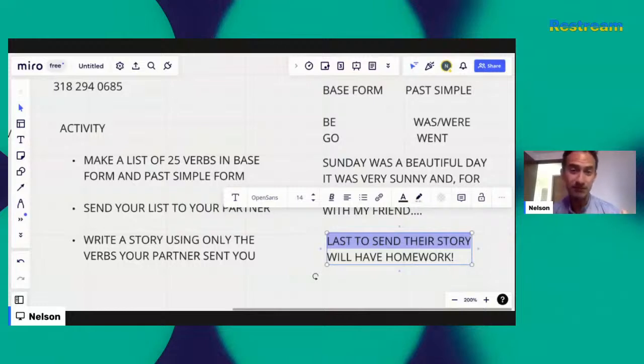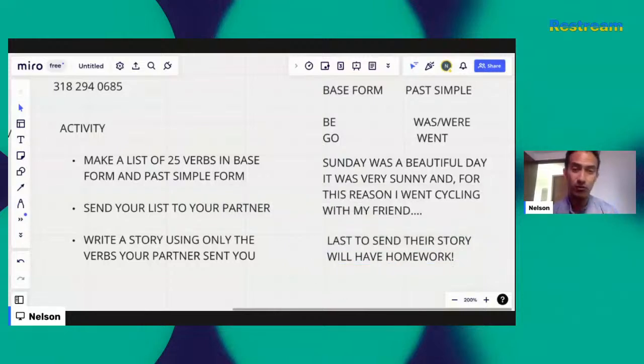There is no limit. You can send it today, you can send it tomorrow, you can send it on Wednesday. But the last person to send will have homework. A very difficult homework, especially if you send it after today. If you send your text today, the homework will be easy.